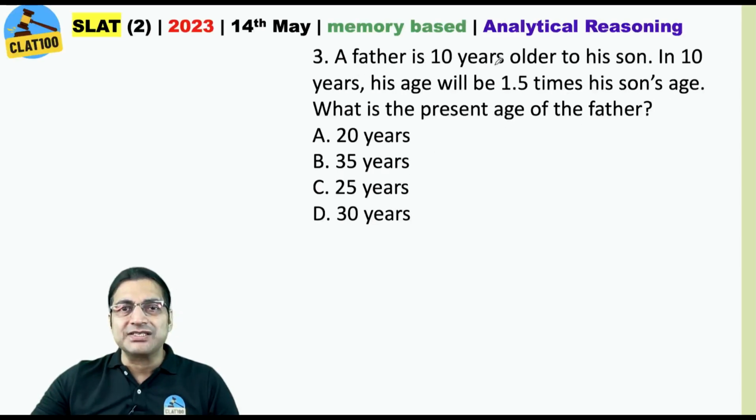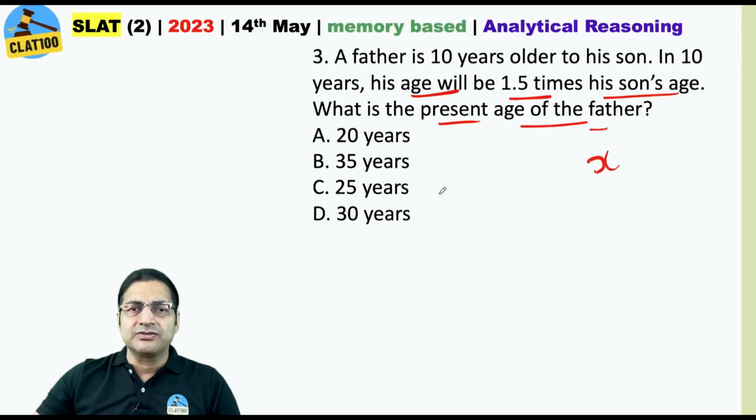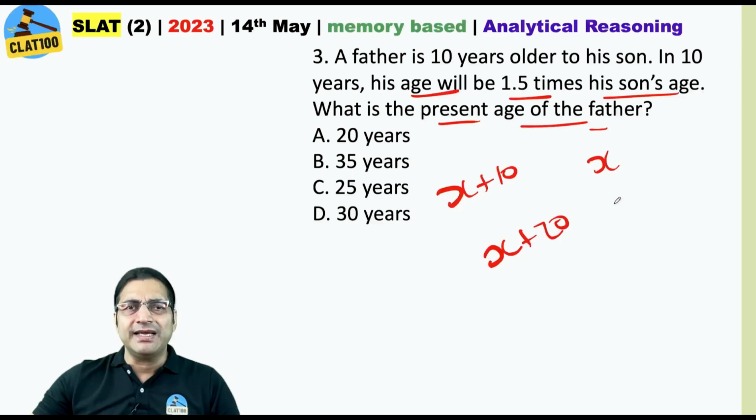A father is 10 years older to his son. Oh, so the father became a father at the age of 10. Wow. Alright. In 10 years, his age will be 1.5 times his son's age. What is the present age of the father? Alright. Let the present age of the son be x. So father would be x plus 10. After 10 years, the father would be x plus 20 and the son would be x plus 10.